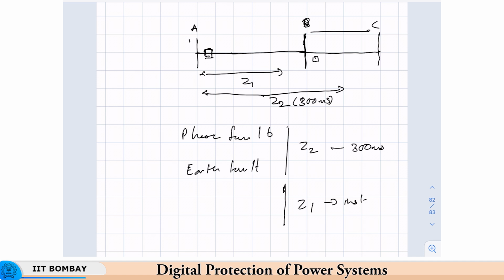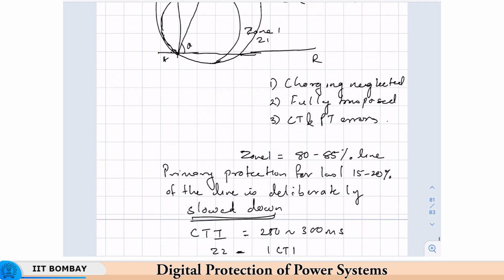Now because it is covering the line BC here, you have to give a chance to the primary protection of that line to clear the fault, and also slow it down further from zone 2.